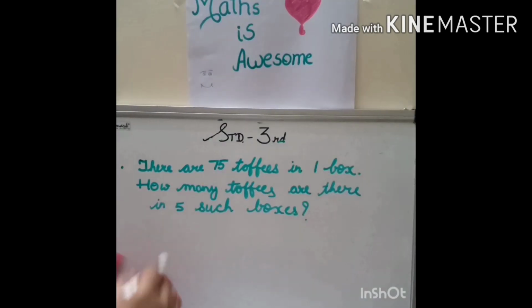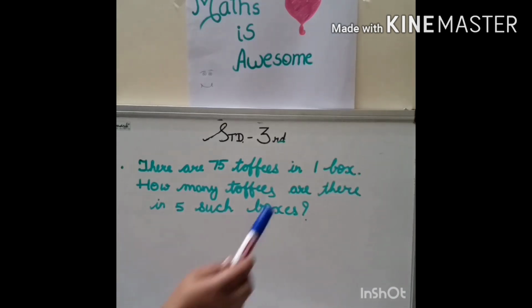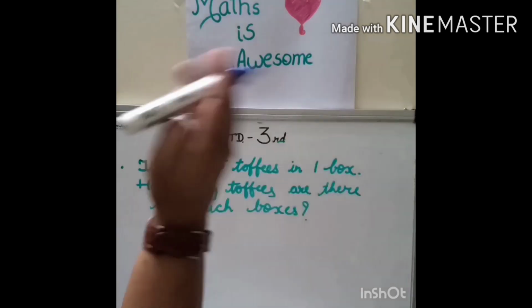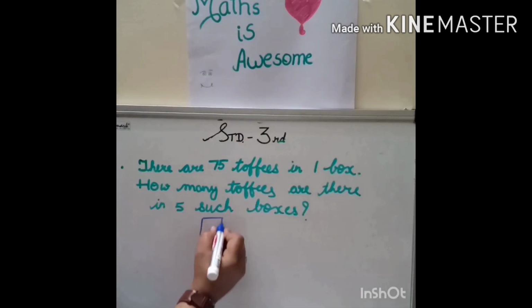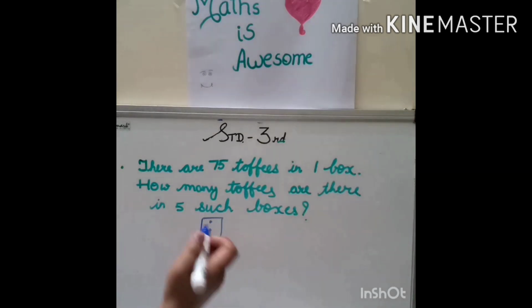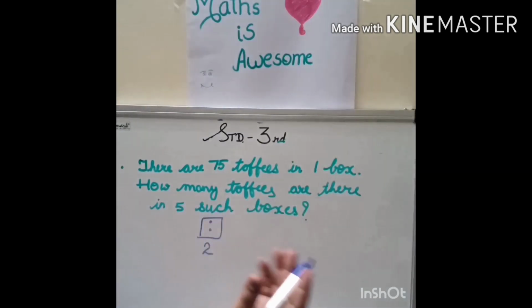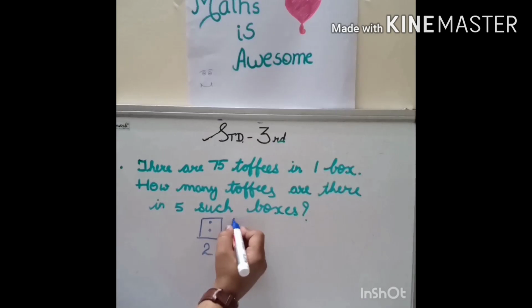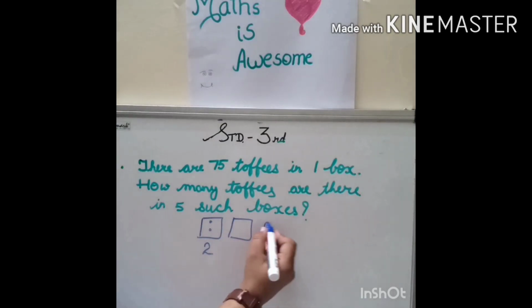Now children, again start thinking, start including yourself. Just think that you are there in the question and that you have one box with you, and in one box, okay, let's take that you have 2 toffees. Okay children, you have taken 2 toffees in one box, and if you get 3 such boxes, how many toffees will you have? 2, 4, 6.